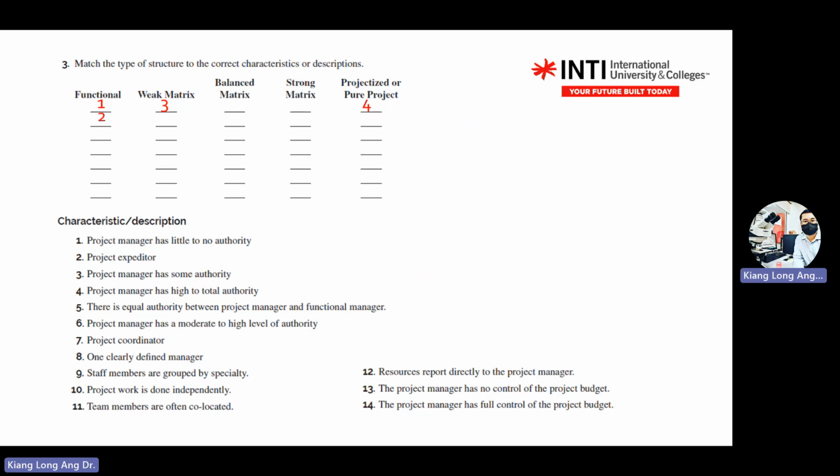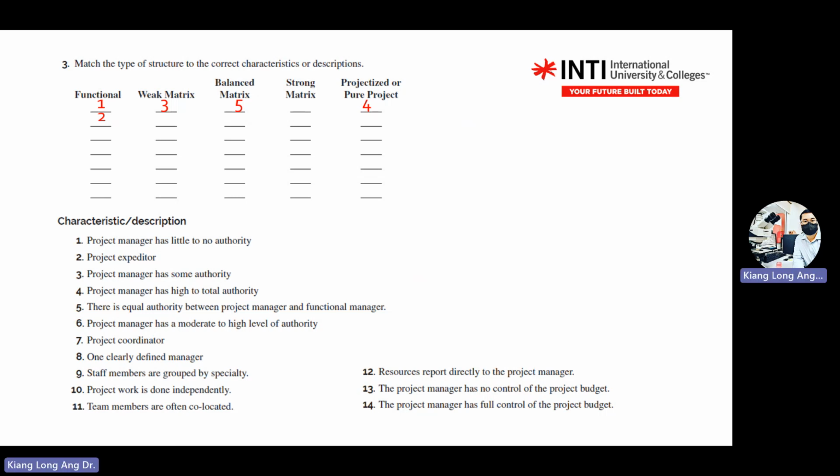Number 5, there is equal authority between the project manager and the functional manager. Which one? Equal authority. This one is balance. Balance means equal. So this module is actually not very hard. You just need to think about what the keyword is, what the meaning of that word is, and then link it to the project manager or functional manager. That's it.